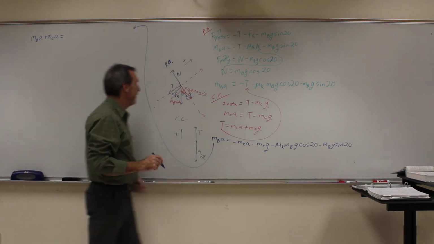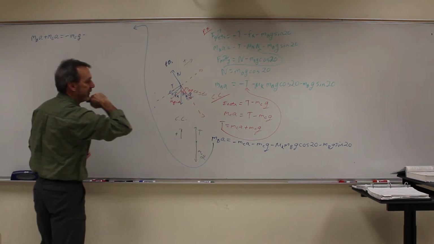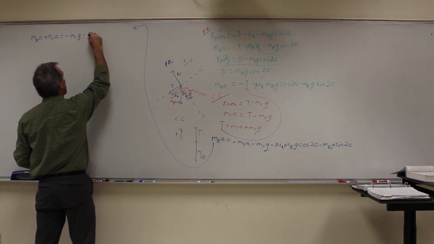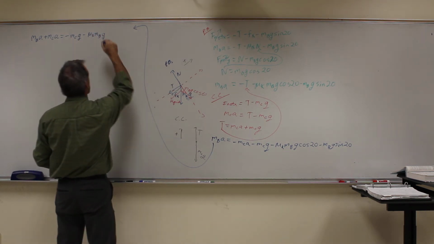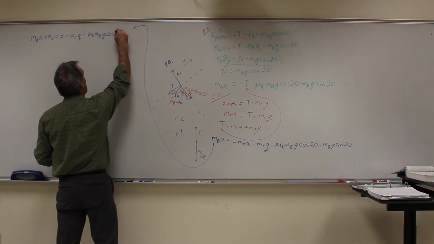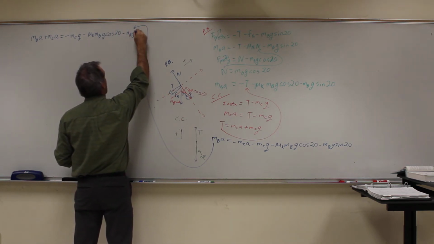The equals now here. So now I have minus MCG minus mu sub k MBG cosine of 20 minus MBG sine of 20.